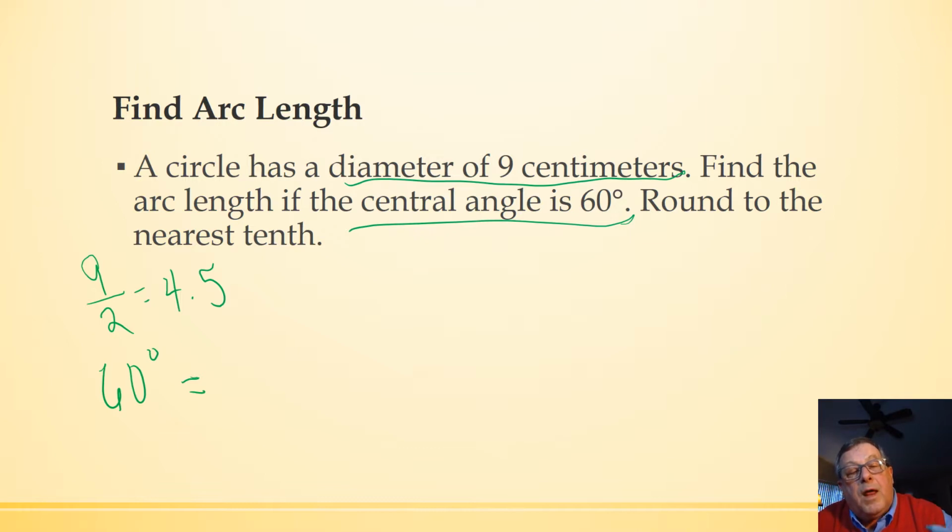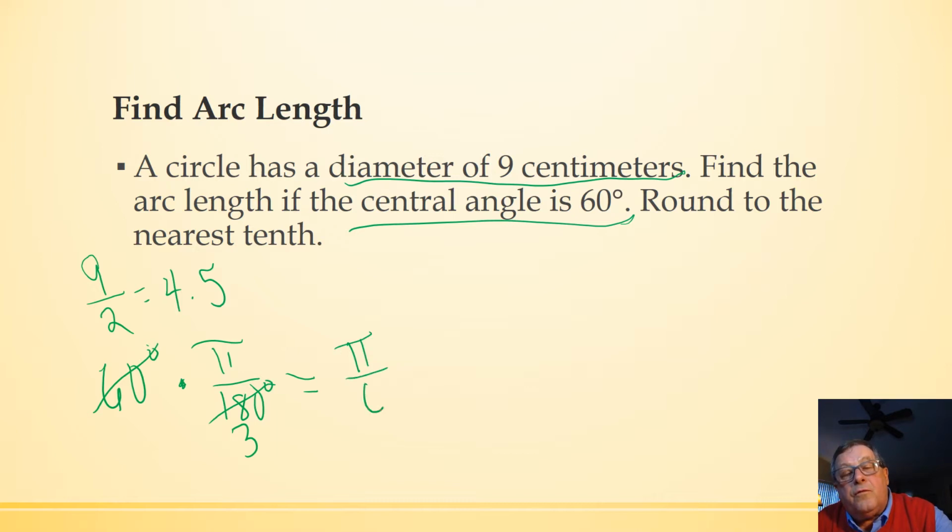We would multiply this 60 degrees times the conversion ratio of pi over 180 degrees. I can do a little cross cancellation here, and 60 will go into 180 3 times. So my central angle then is equal to pi over 3.